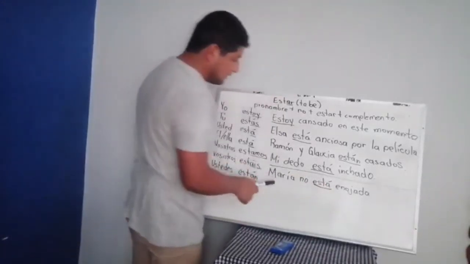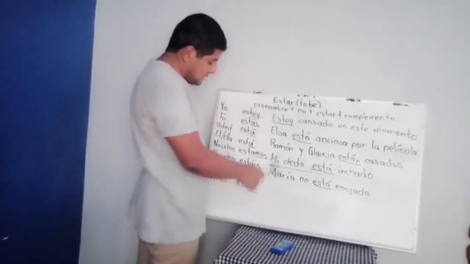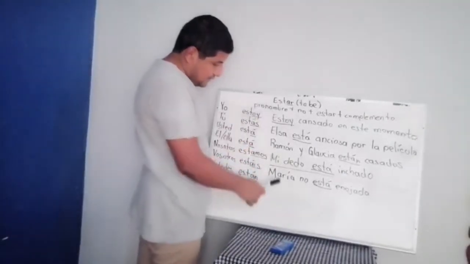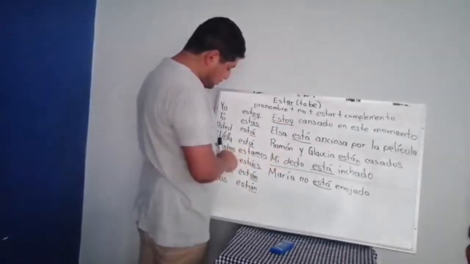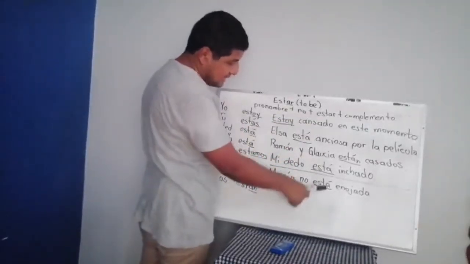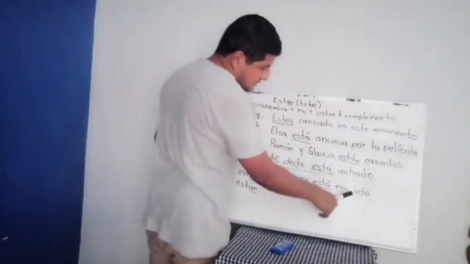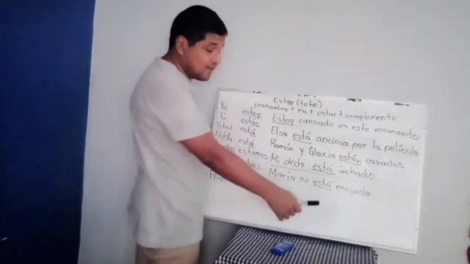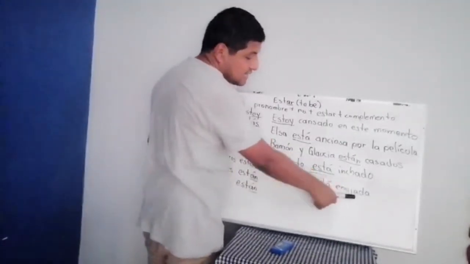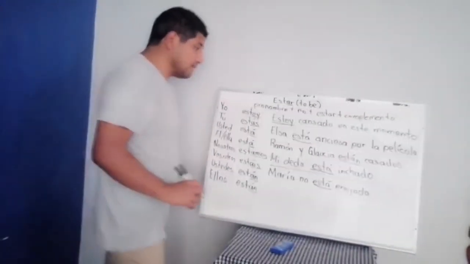We have the negative, the sujeto, subject, in this case ella, the pronombre. Then the conjugation of ella, in this case estar, ella está, and the complement, in this case, the adjective, enojada. Remember that it's feminine, because it's feminine, the adjective, enojada. Okay, María no está enojada.